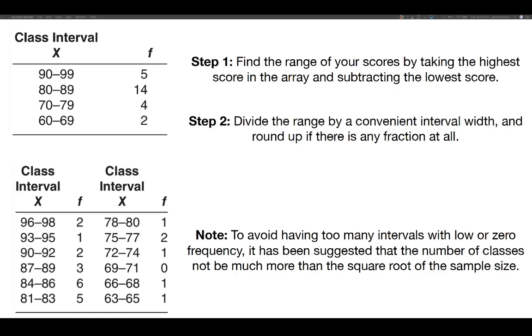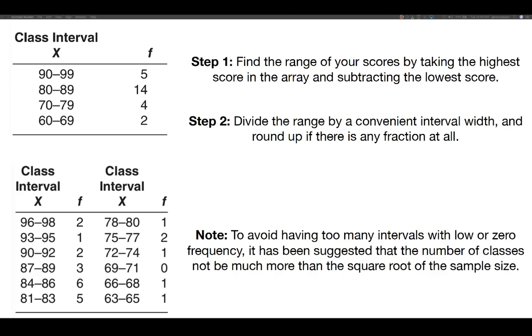In trying to decide which size class interval to use, you can use a quick way to determine how many intervals you will wind up with for a particular interval width. First, step 1, we need to find the range of the scores by taking the highest score in the array, in this case 99, and subtracting the lowest score, which is 60.